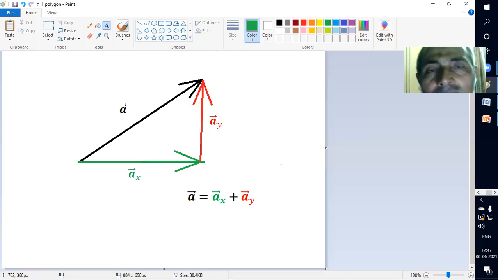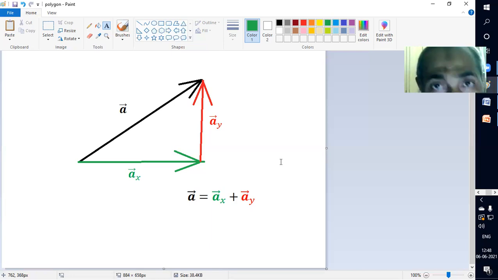So any total vector can be split into various components, and the terminology of the components is sometimes x and y components, sometimes horizontal and vertical components, and similarly sometimes radial and tangential components. And remember, in all these terminologies, various components will be perpendicular to one another.